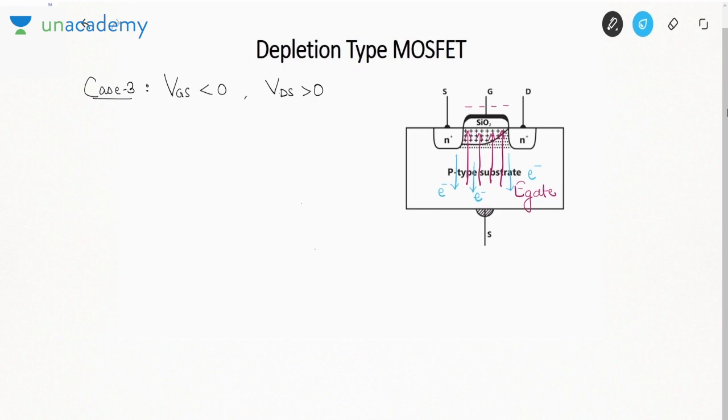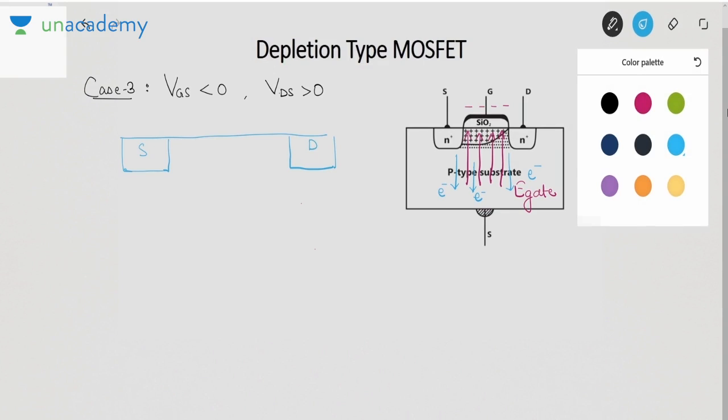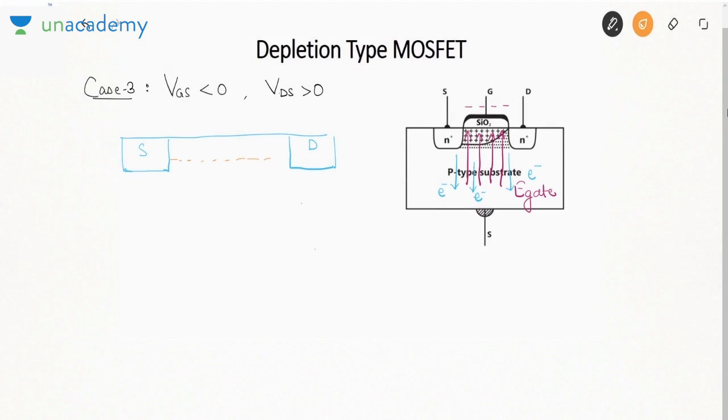Okay. If electrons are going downwards, see, this was the source region. This was the drain region, right? In between source and drain, earlier we had a channel. This channel was n-type. If this channel was n-type, that means it had electrons. But now due to the electric field generated by gate terminal, these electrons are being pushed downwards.